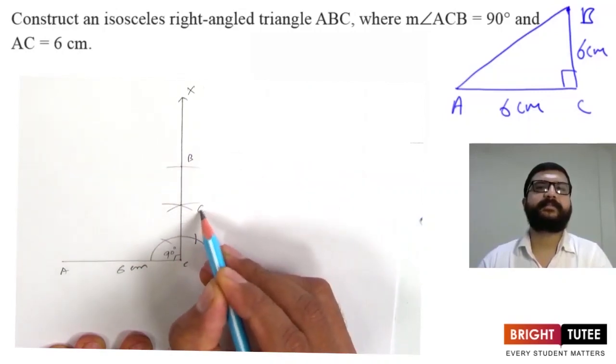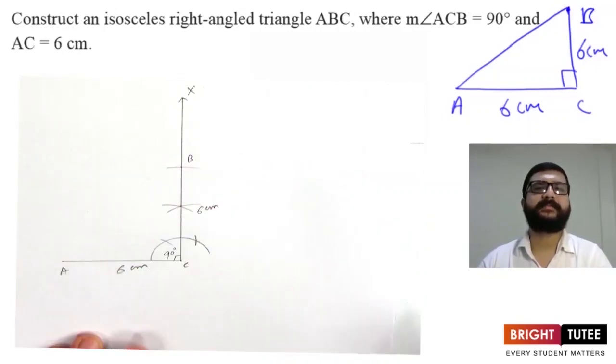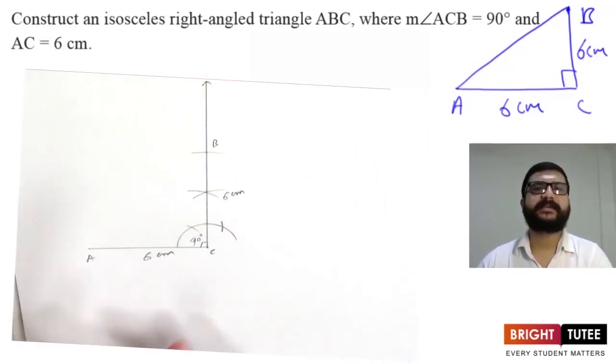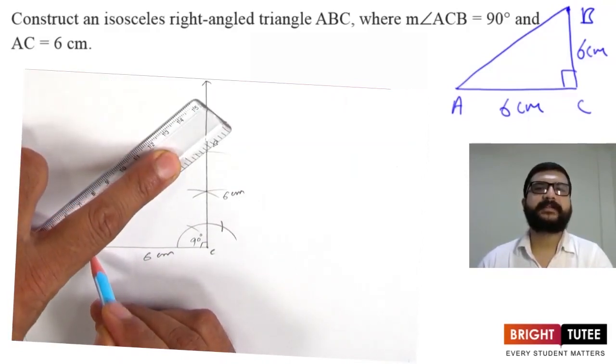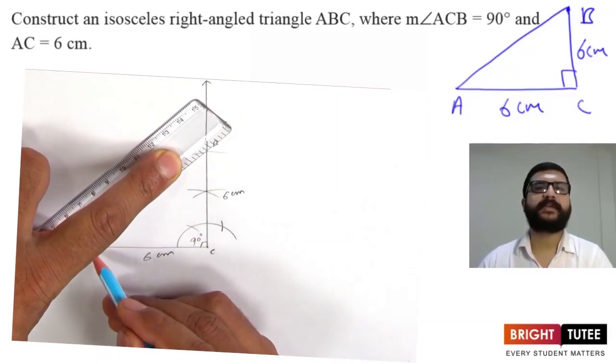So here is the point B or the vertex B of triangle ABC, and in the steps of construction we will write with C as a center, make an arc of radius 6 centimeters intersecting CX at B. Now we are just one step away from the construction of triangle ABC. That is, we have to join A and B, and in the steps of construction we will write join AB.